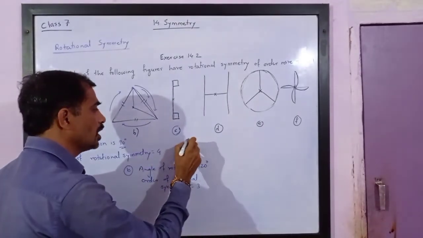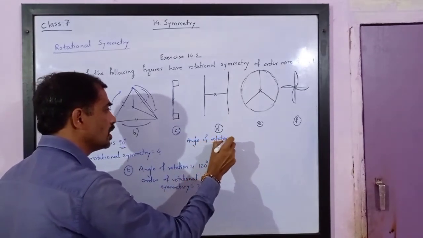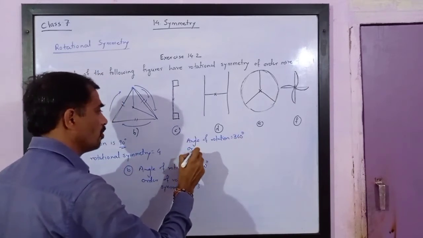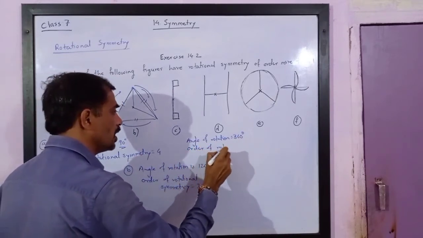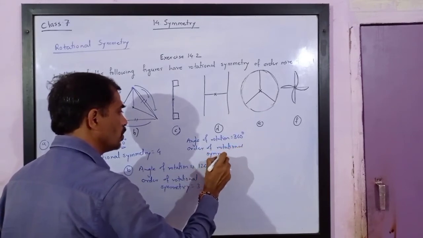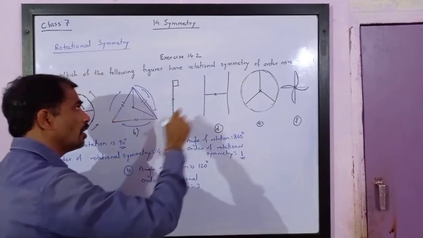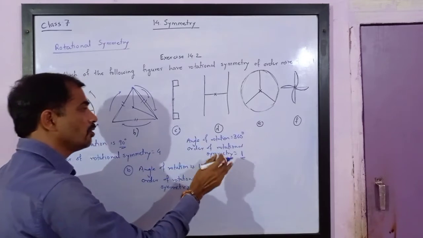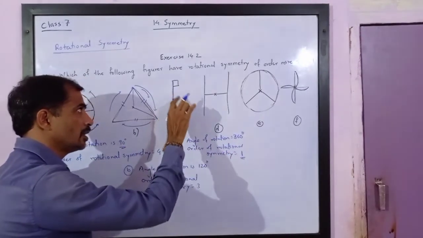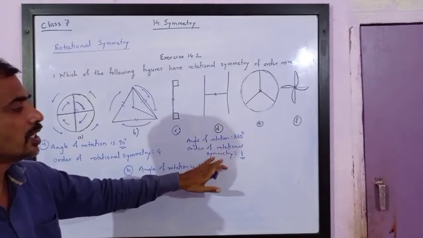So here the angle of rotation is equal to 360 degrees, and the order of rotational symmetry is equal to only 1. So we have to rotate completely, and then only we get exactly the same figure. We need to rotate through 360 degrees, hence the order of rotational symmetry is 1.